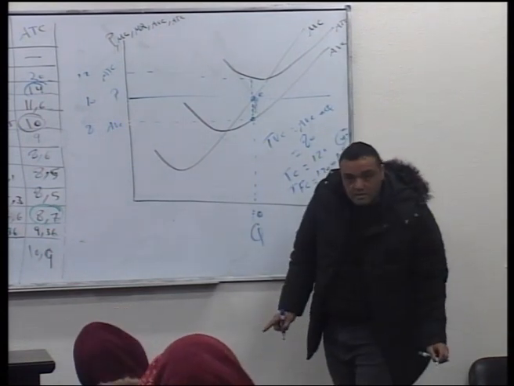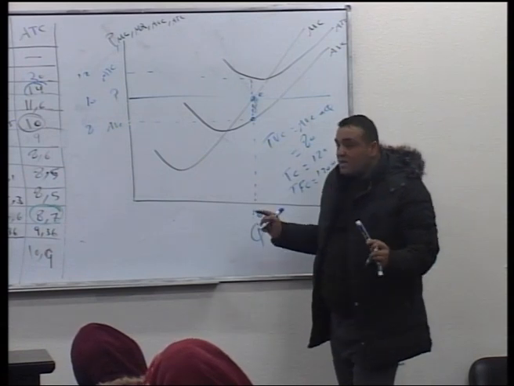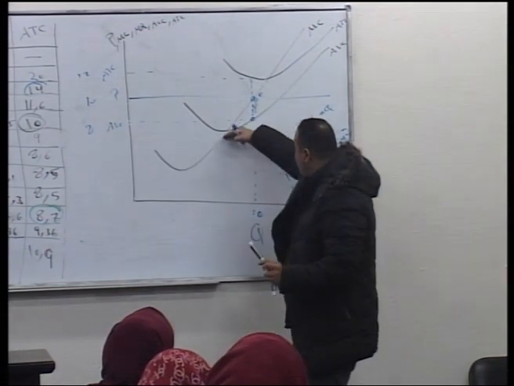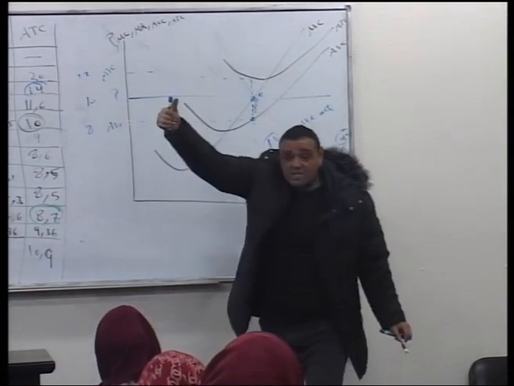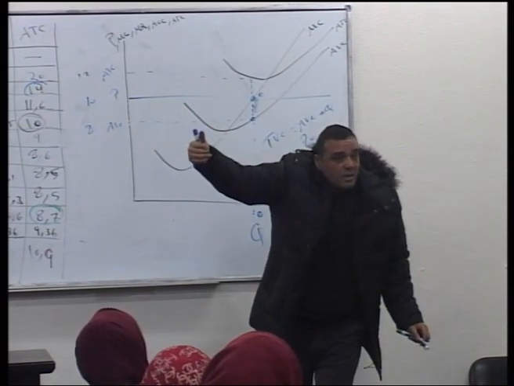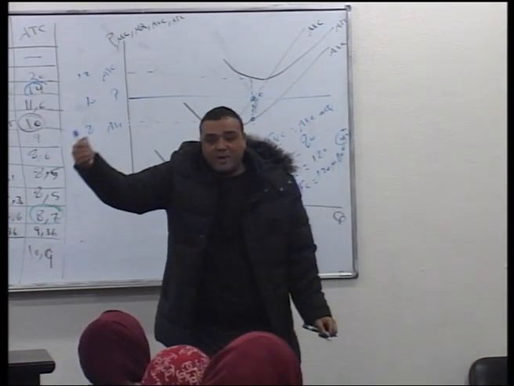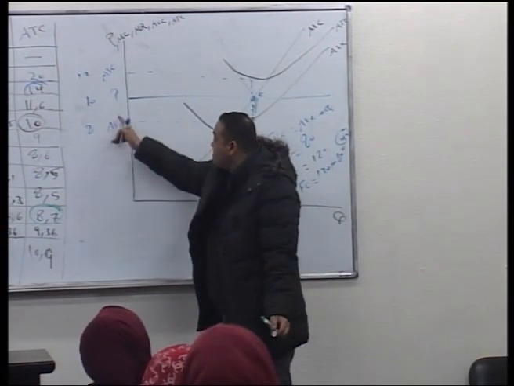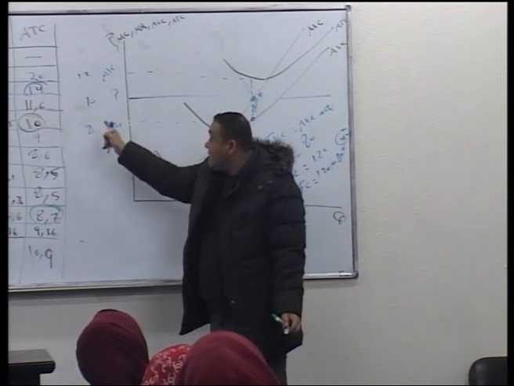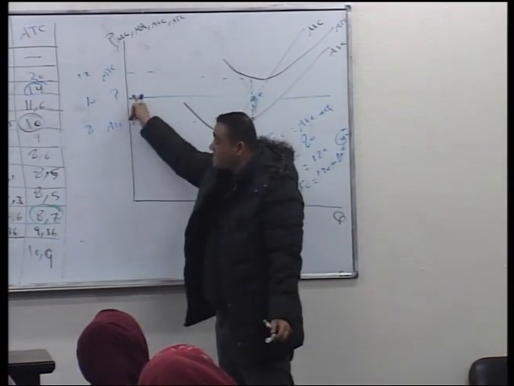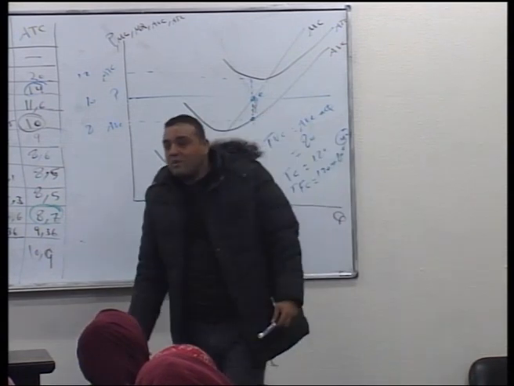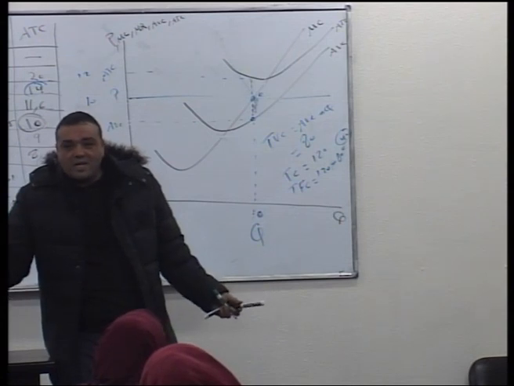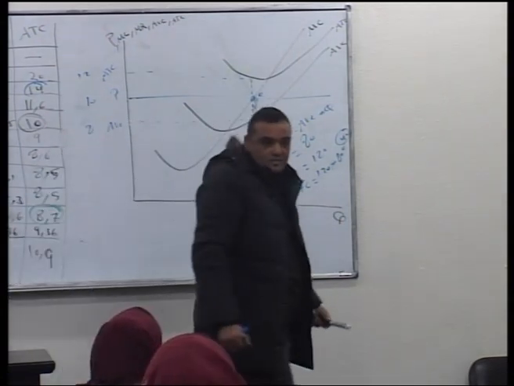All right? Now let's assume that the price will be tangent to the minimum AVC. So in this case, we have a loss, but our advice to this business is to keep working, not to close, because the price is bigger than AVC. This area, price minus AVC, do you know what it is called? Normal profit. We said TR minus TVC is normal profit.